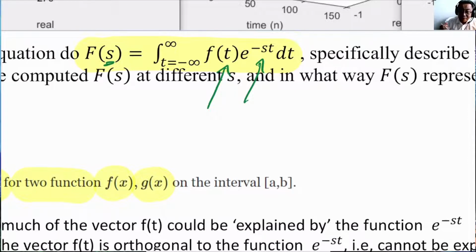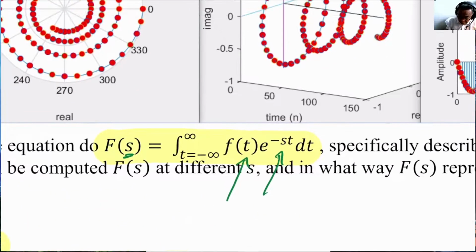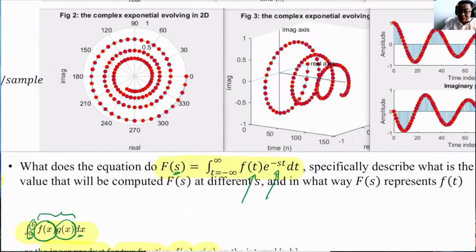And we are asking ourselves the question: for the whole of the complex plane, or all the different e^(-st) that we can generate, how is f(t) related to e^(-st)? We have seen what e^(-st) is for one example here. So basically we are multiplying f(t) by many different types of complex exponentials.